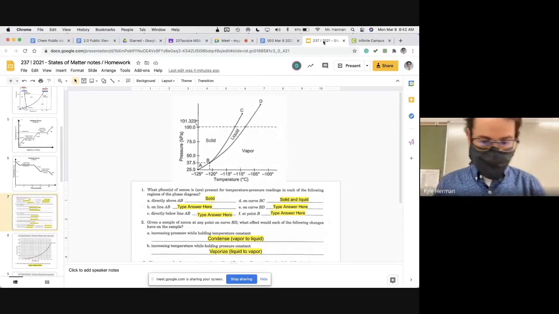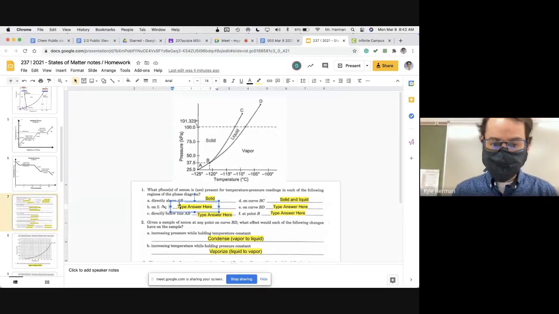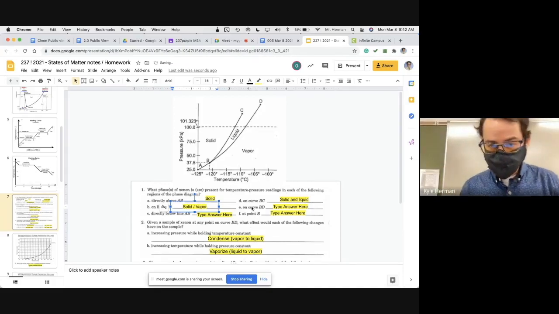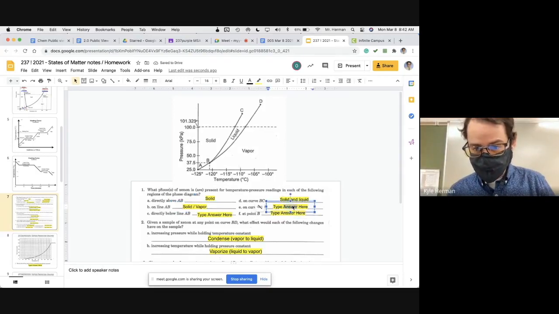All right, so on line AB. So whenever it's on a line, that means it's going to be 2 different phases. So if it's on line AB, since solid is above and vapor is below, or to the right, it's going to be both solid and vapor. BD, same thing. It's going to be both. And BD is liquid and vapor.